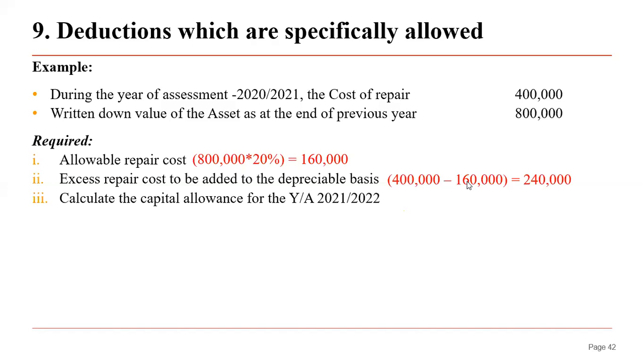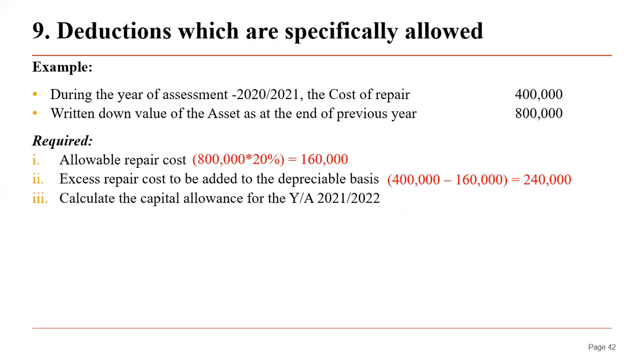Yes, as you correctly say, the excess repair cost is 240,000, that is 400 minus 160.